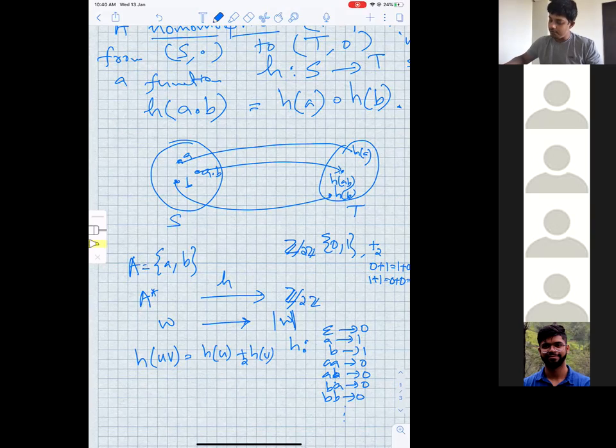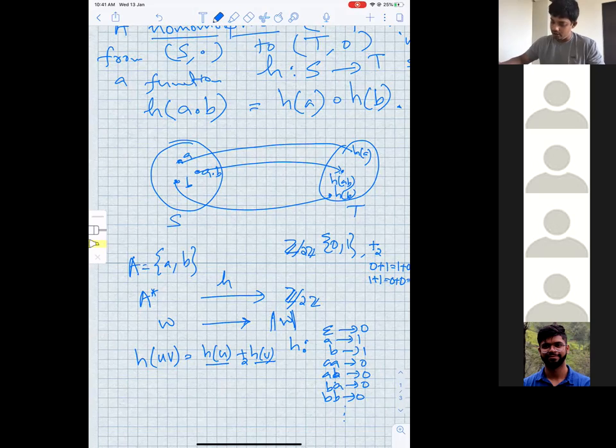If u and v are both of even length, then h of uv will be even. So here also it will be even. This will be 0 and this will be 0. So 0 plus 0 will be 0. So I have to verify by cases. Therefore, mapping each word to the length of the word is a morphism of semigroups.